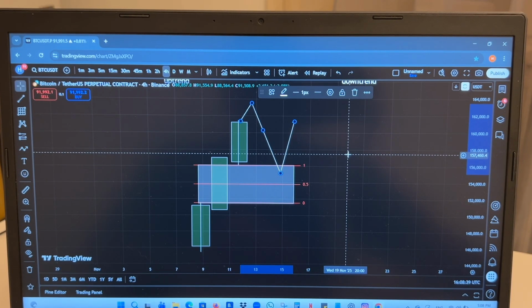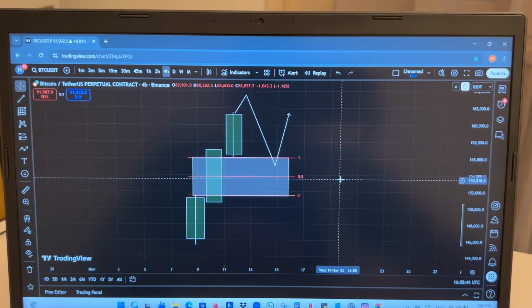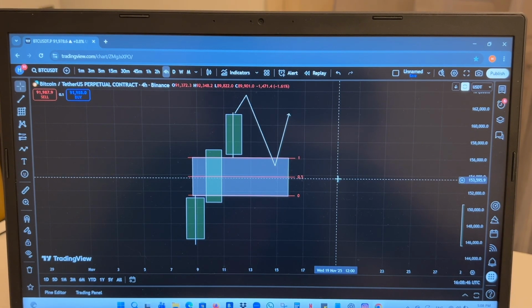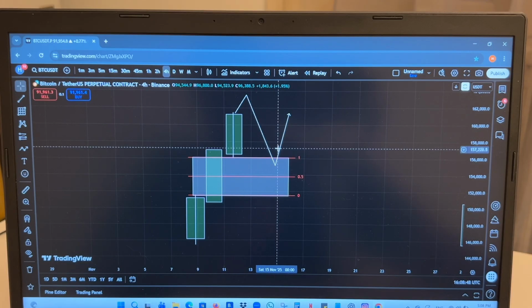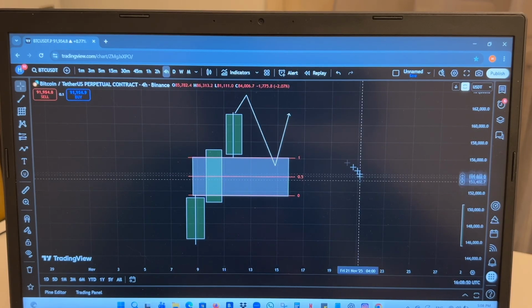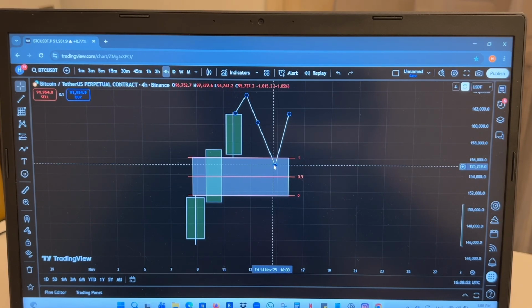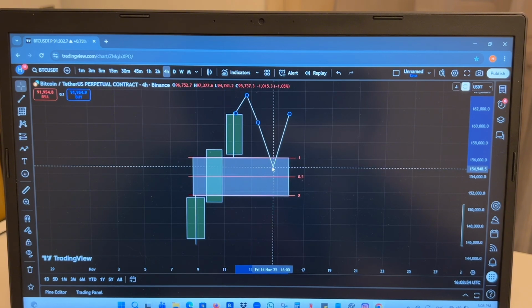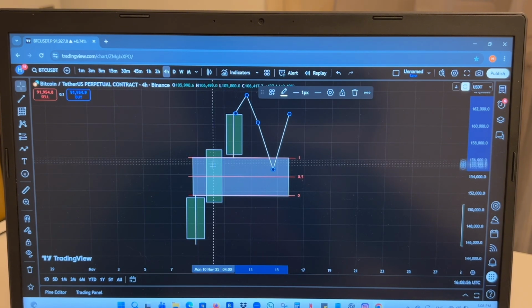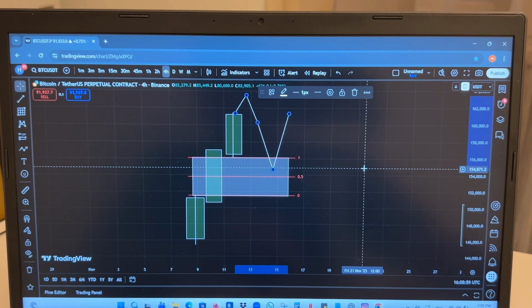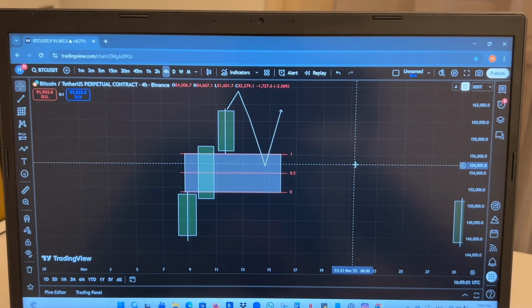So right now I'm going to show you what a valid FVG and an invalid FVG is. If the market breaks like this, an FVG, by not actually going past this 0.5 level, by only just tapping the top half of it, that FVG is still valid.